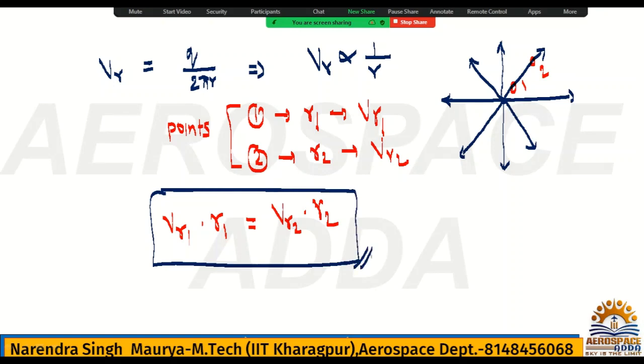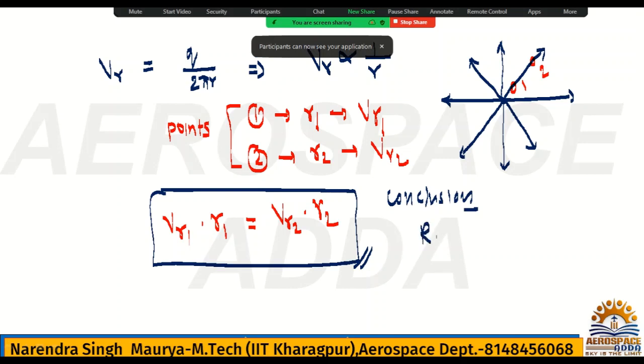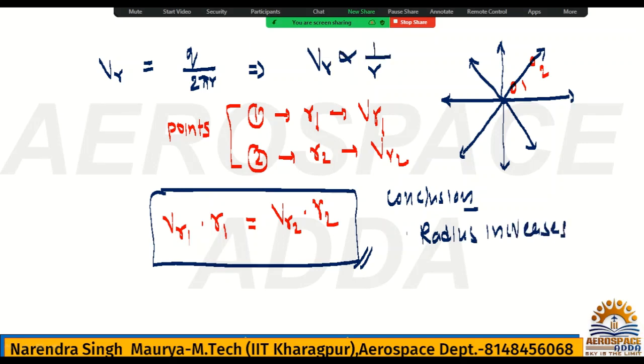What is the conclusion here? As radius increases, radial velocity decreases.